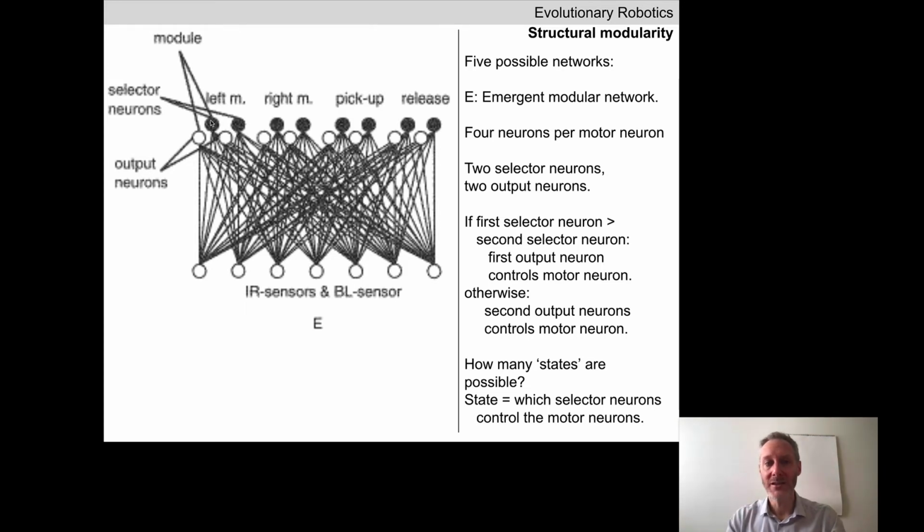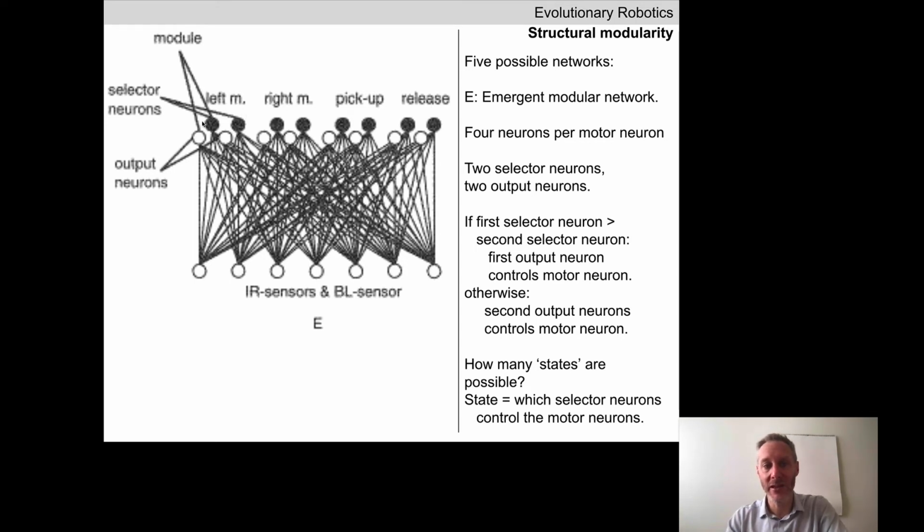At every point in time, the first thing we do is query the sum of the pair of these selector neurons, and that gives us 4 floating point values. Whichever of these 4 has the highest value, that's the action that the robot's going to perform.